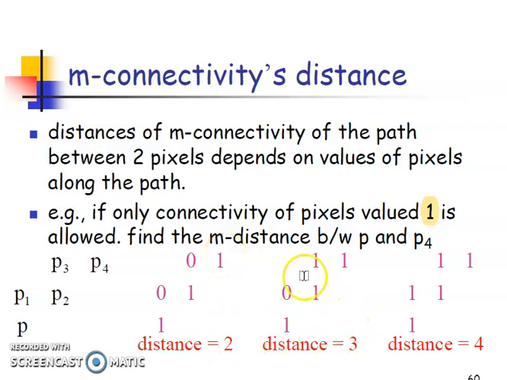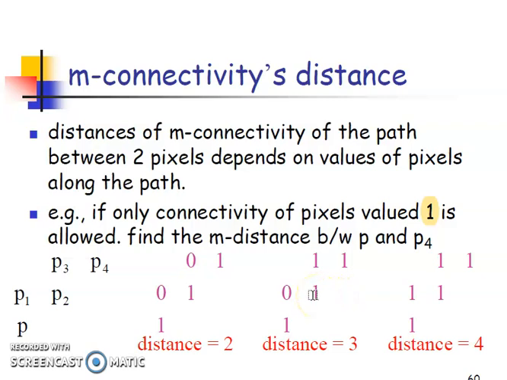Next, if the values of pixels change, now this is the case where only the P1 pixel has value 0 and all the rest of the pixels have value 1. In this case what happens? This pixel is connected with this pixel, meaning P is connected with P2. Now P2 has value 1, and P3 and P4 also have value 1.